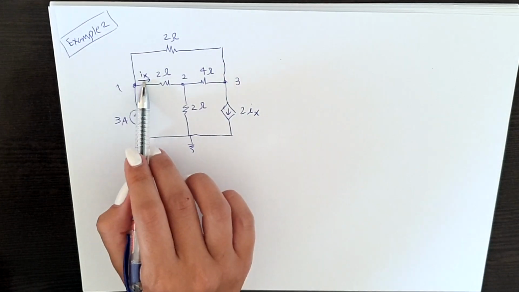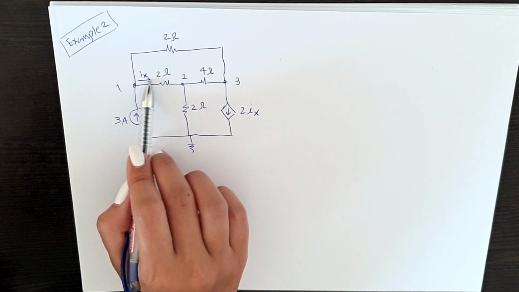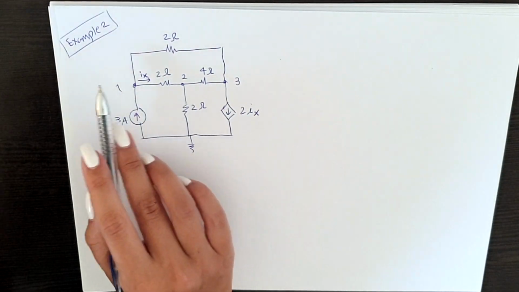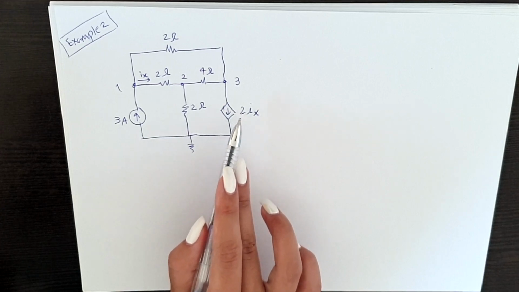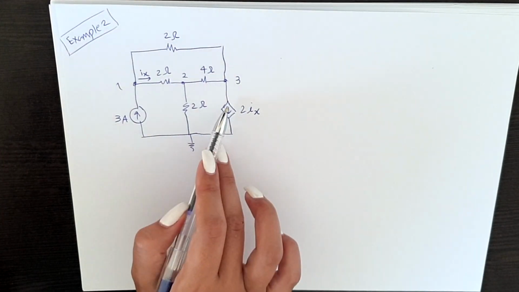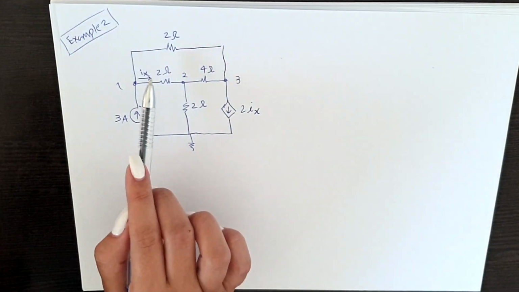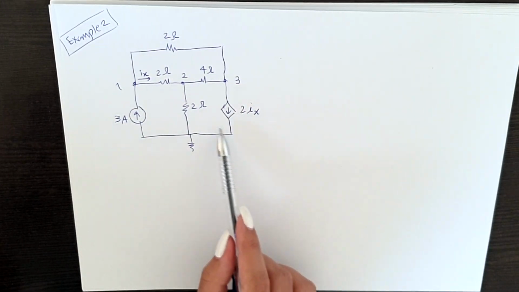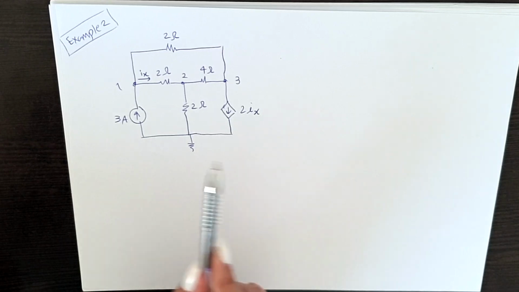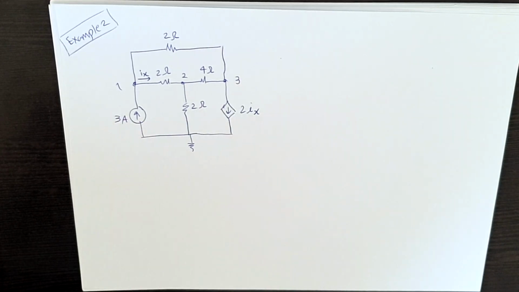What is Ix? Ix is the current in here. So if the current in here goes up or down or whatever happens to it, this one changes too. This one is always double this one. So it's dependent on this current. That's why we call this a dependent source and we call this an independent source.